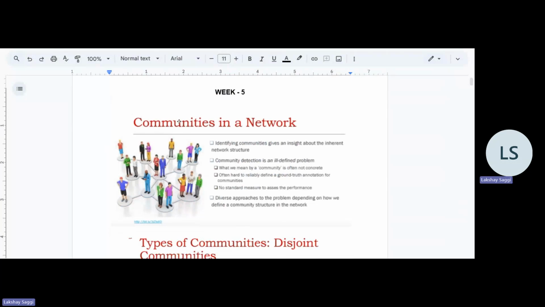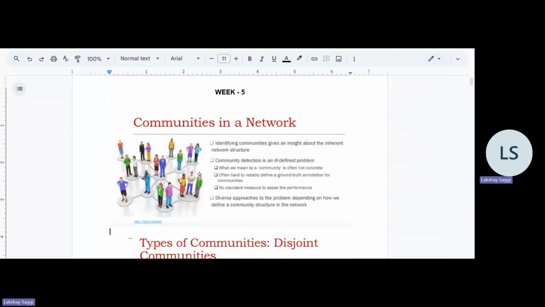In real world society, communities can be people belonging to the same religion or people residing in the same area, or there can be a bunch of definitions about what exactly constitutes a community. Maybe a bunch of people who like the same sport, or who are fans of the same team.